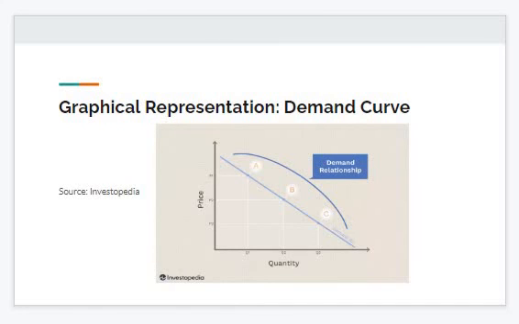Now, graphical presentation of the law. If the relationship between price and demand is shown in a graphical form, it is known as a demand curve. We can draw a graph to represent the law of demand as shown on the screen.